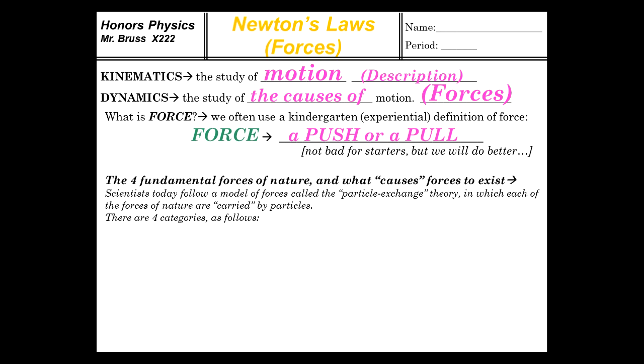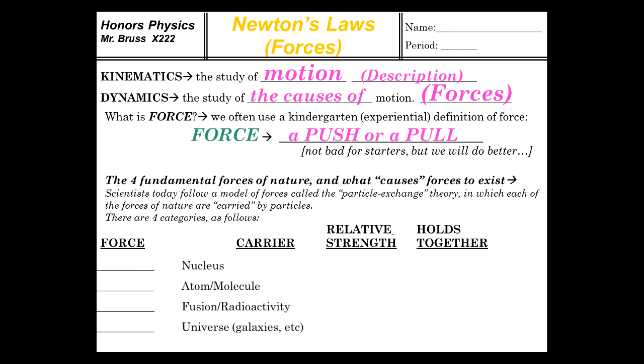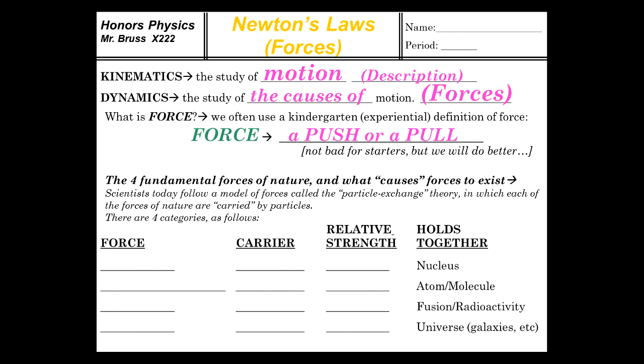And there are four fundamental forces of nature. We're going to describe them now in terms of what the force is, the carrier associated with the emergence of that force, the relative strength, and what they hold together. So first we have the strong force, and the carrier is the gluon.